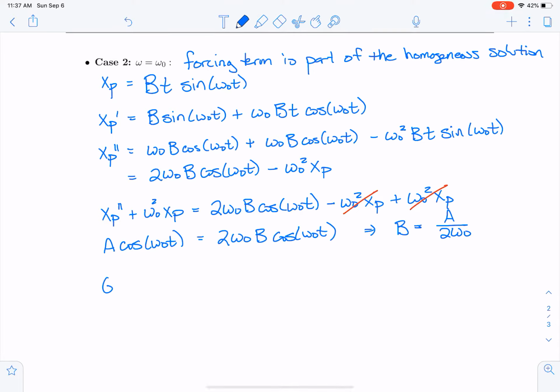Okay, so then the general solution is going to be the homogeneous solution plus the particular solution.